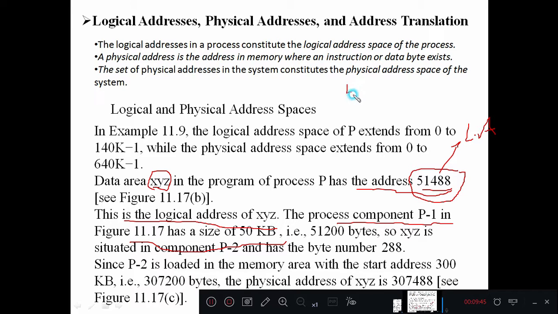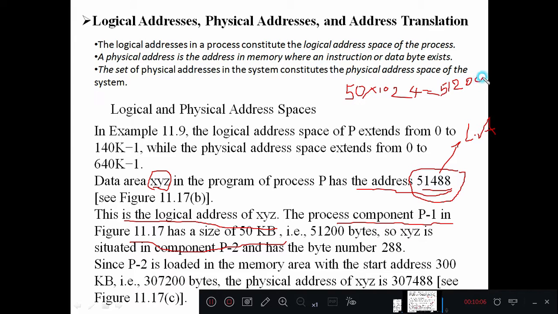So let me calculate what is 50 into 1024. 50 into 1024 is 51,200, right?